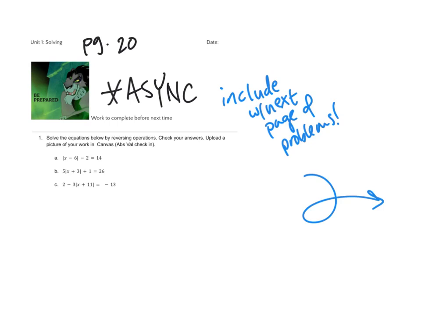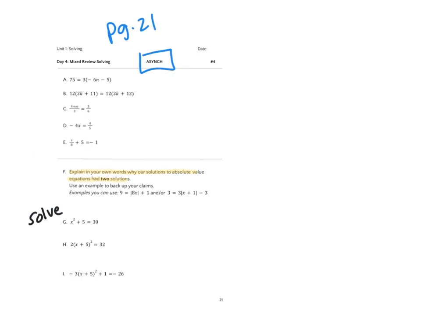Okay, this is for your async day. So actually I'm going to make a separate video so it's not as long, but you do all 3 of these. So you do 3 plus whatever's on the next page, which is 5. So that's 8, 9, 10, 11, 12. So there's 12 problems total.